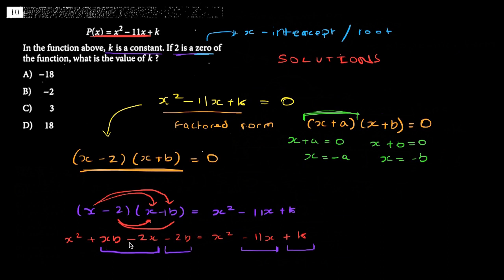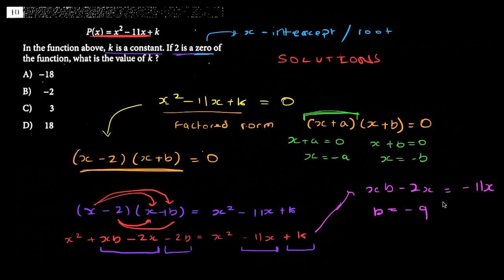That's what I'm going to use to solve the rest of this question. Now, xb minus 2x should equal minus 11x, right? And that really means that b is equal to minus 9.